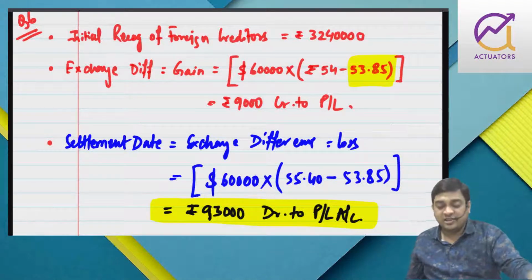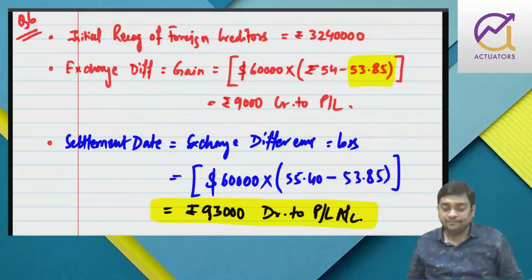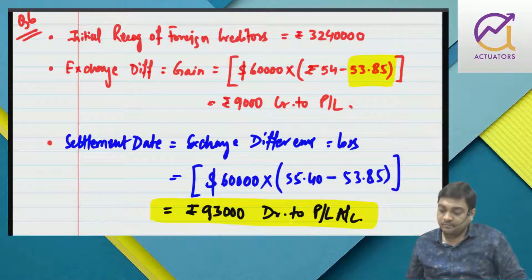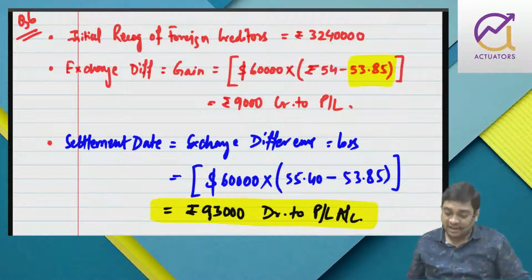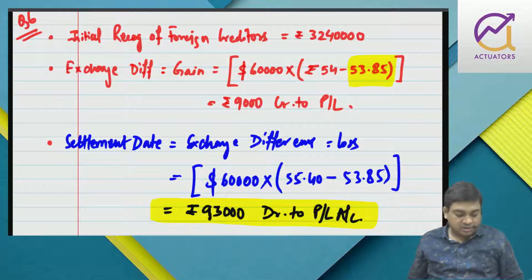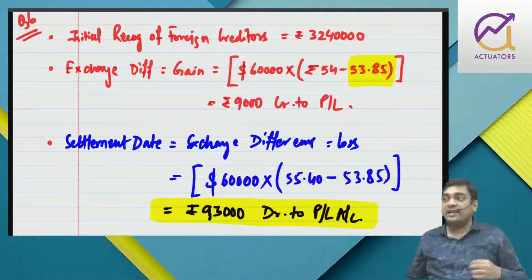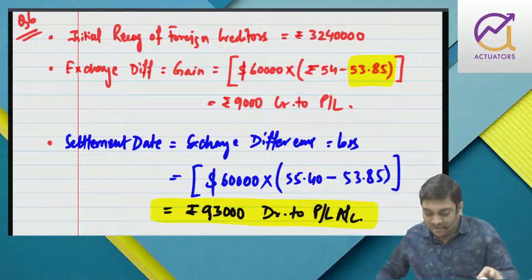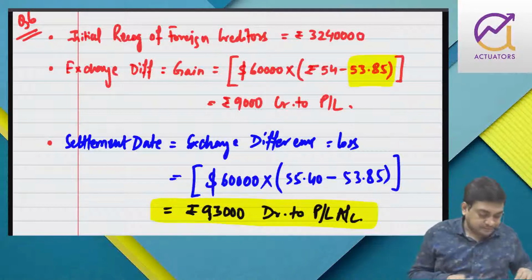So in the last financial year, you revalued, the dollar rate increased, so there was a gain, and again on settlement it increased. So now again you are showing a loss, right? So these were the 4 sums for homework, right? All these problems have come in your past examinations.